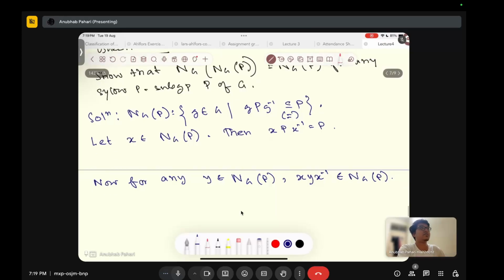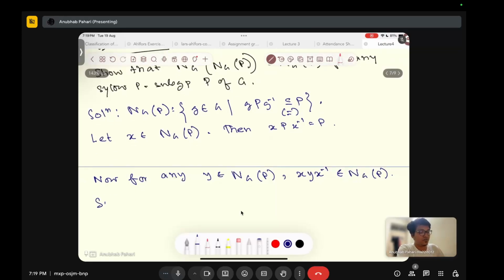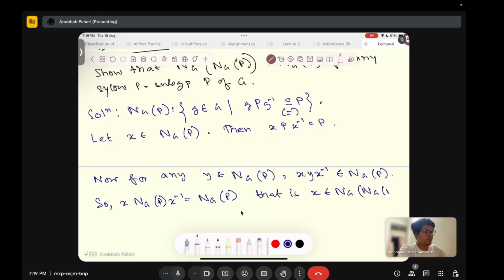Okay, so x N_G(P) x inverse equals N_G(P), that is, small x belongs to N_G(P).